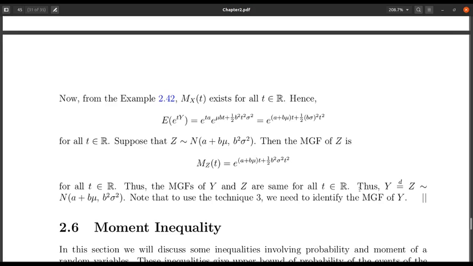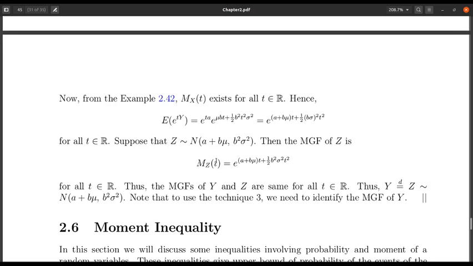That means y is also normal with parameters a plus b mu and b square sigma square. So this way, using the moment generating function, I can find the distribution of a function of a random variable.